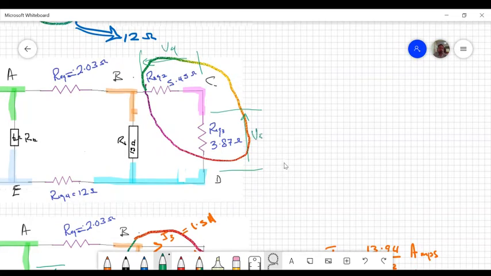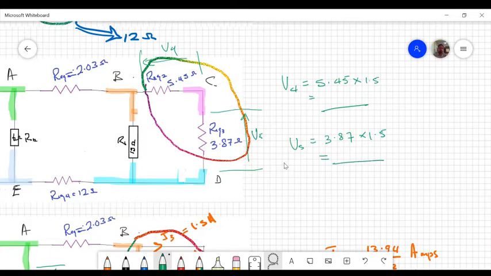So V4 is equals to 5.45 times, what is the current passing through there again? 1.5. And that will give me something. And V5 is equals to the same 3.87 times 1.5.